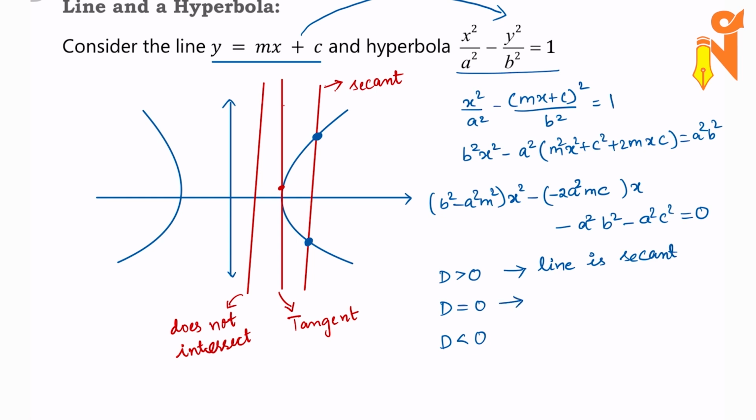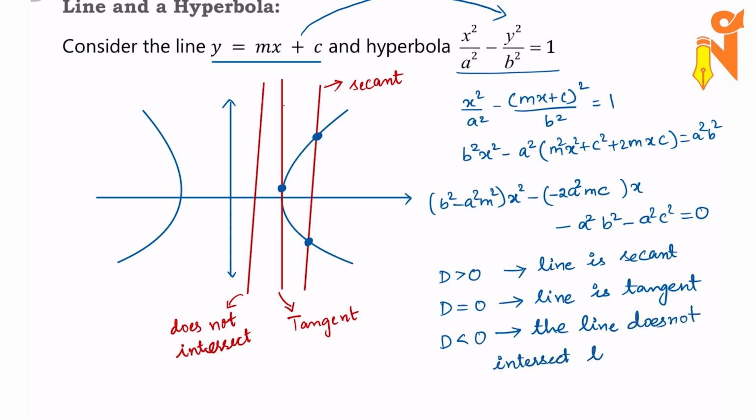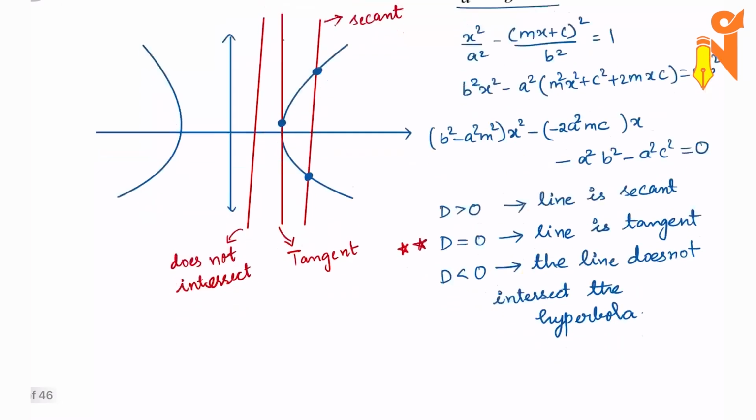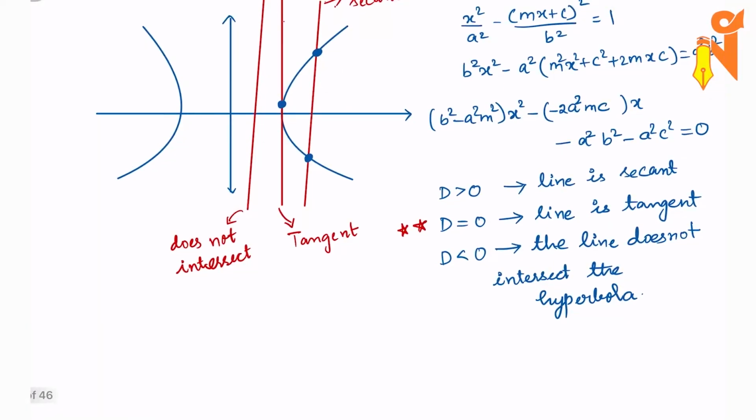When discriminant is equal to 0, you will get two equal roots, so basically the line is a tangent. When discriminant is less than 0, the line does not intersect the hyperbola. Among these three cases, we are more concerned about the tangent case, when the discriminant is equal to 0.